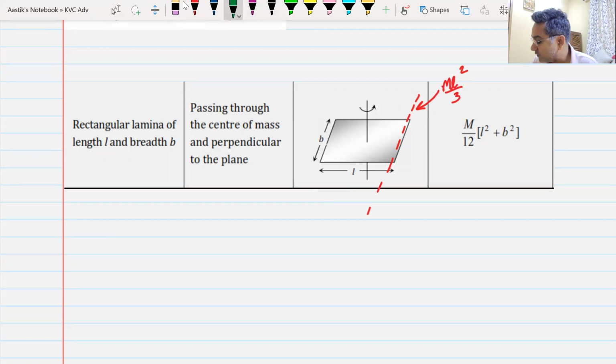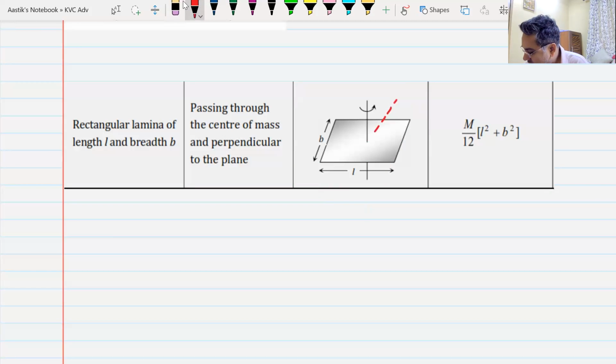What will be the moment of inertia about this axis? MB square by 3, sir. Okay. What is the moment of inertia about this axis? Hmm? You just said, na?